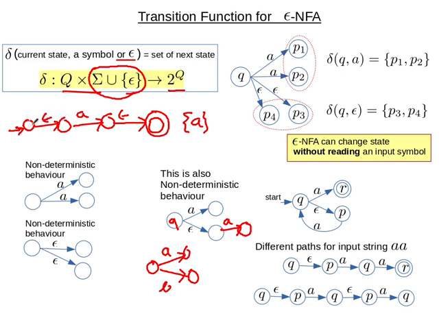So it cannot read any input symbol, and it has to move to this state, and here it has to read A, and it should move to this state, and here it cannot read any symbol, and it must move to this state, and then it accepts this A, and so this is the accepted language. So this in some sense is non-deterministic behavior, and this sort of non-deterministic behavior you get if you have only a chain of epsilons, right?